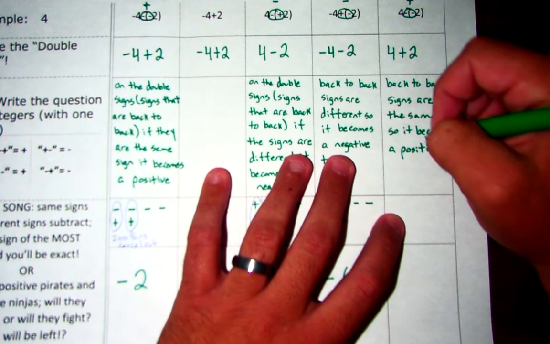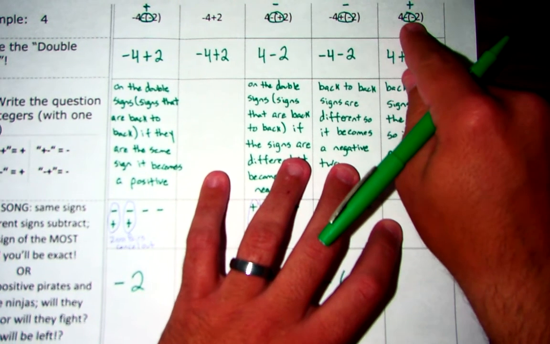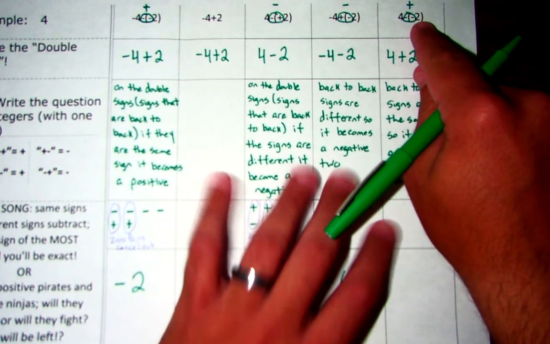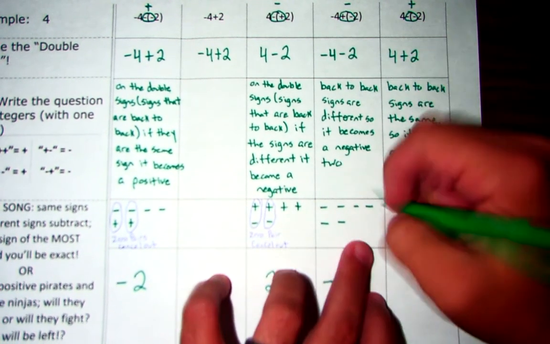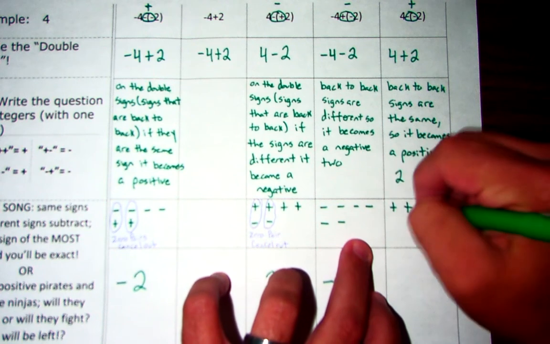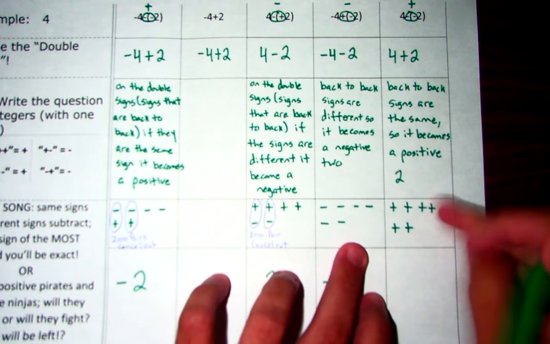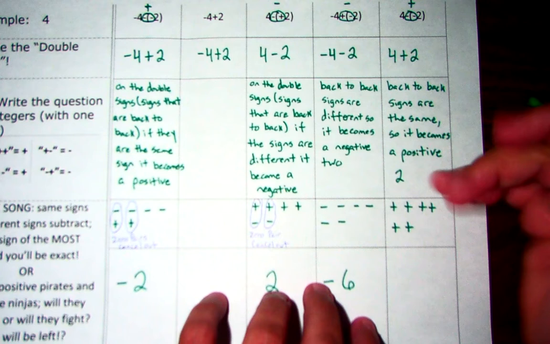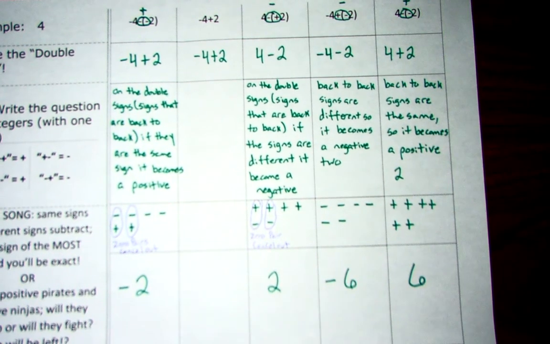Okay. So notice the 2 signs are the same. It becomes a positive and it goes with the 2. So this is like saying 4 plus 2. So I have 4 positives and 2 positives. Once again, the signs are the same. You keep the sign and you add the numbers. The answer is just a positive 6.